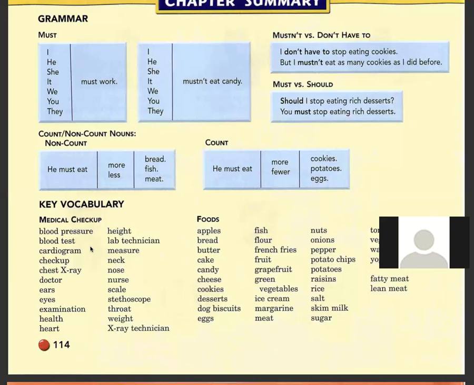Oh, I'm sorry, that was supposed to be green vegetables. Good.